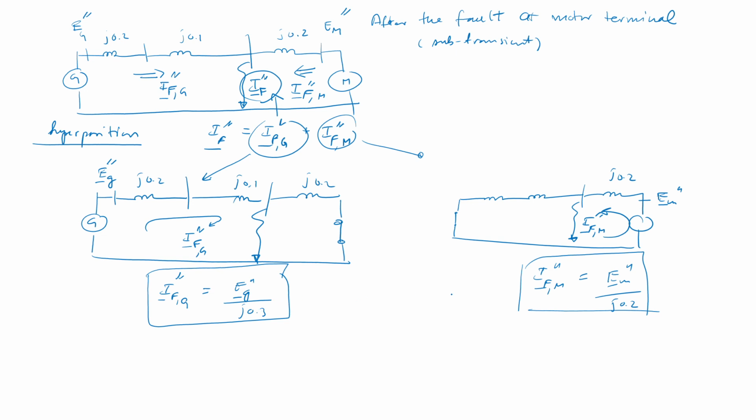Now, if you manage to find this EG double prime, you can answer question number 1. And to answer number 2, you need EM double prime. How do we achieve EG double prime and EM double prime?